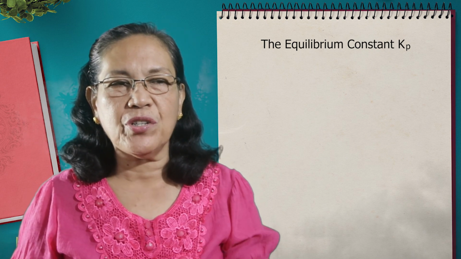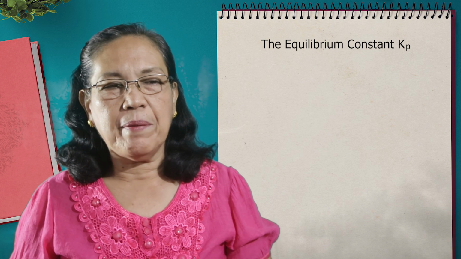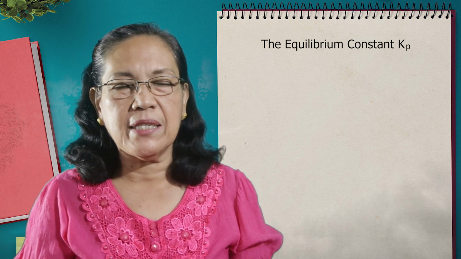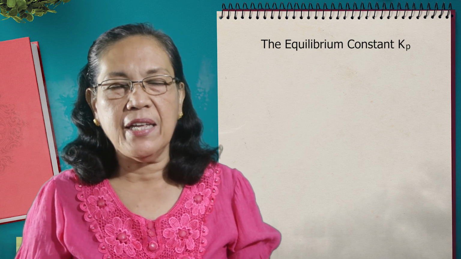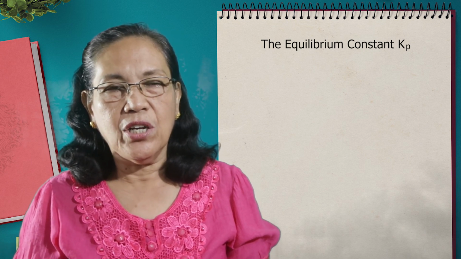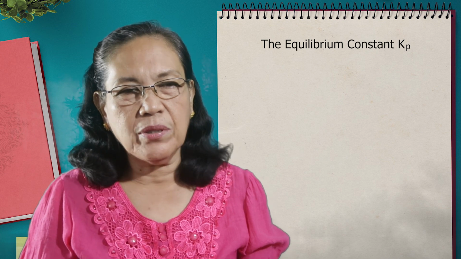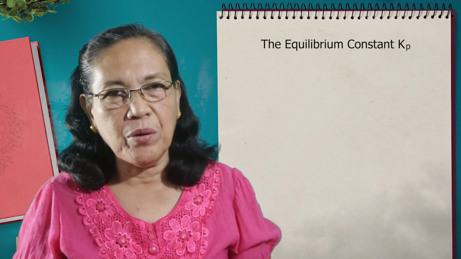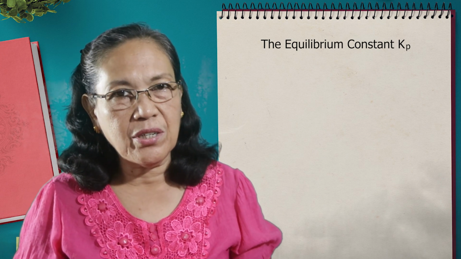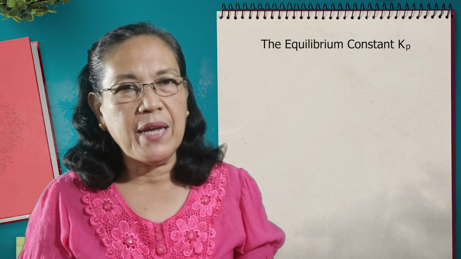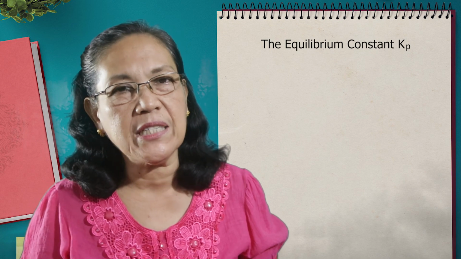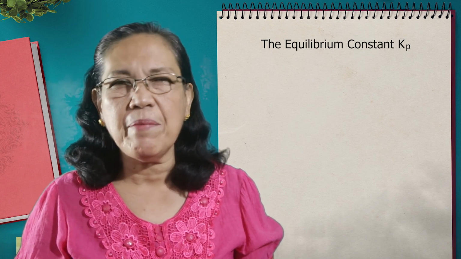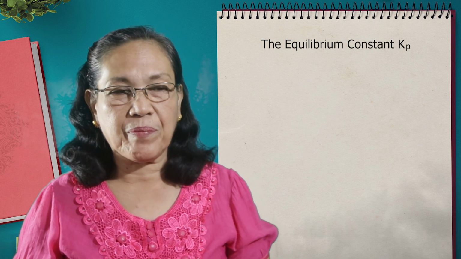Then the partial pressure of any gas, P, is P equals n over V times RT. Take note that n over V, or number of moles per liter of solution, can be a molarity. So this can be substituted by a molarity in some cases of the problems.